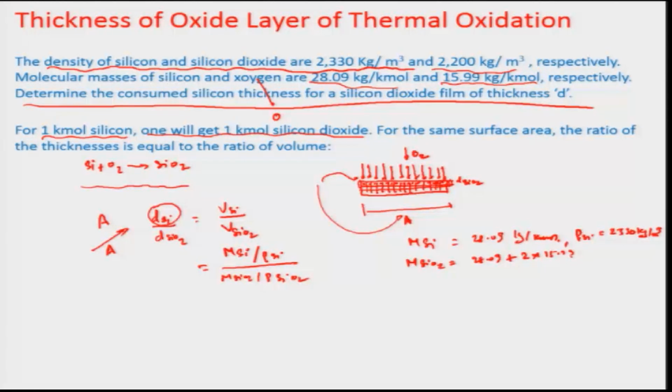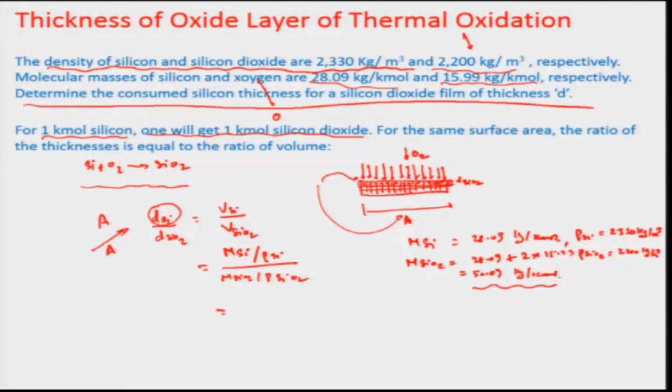The density of SiO2 is again 2200 kg per meter cube, as has been illustrated here. So, this comes to about 60.07 kg per kilomole of the material.